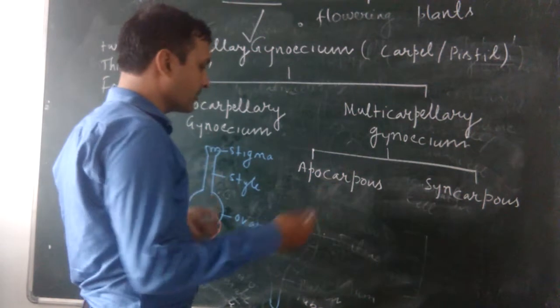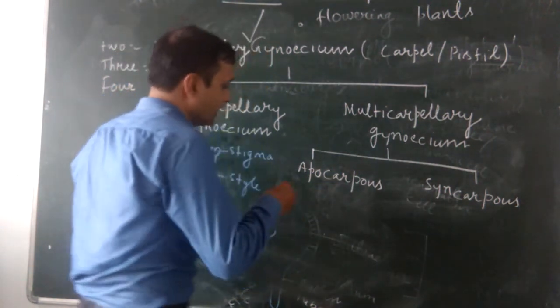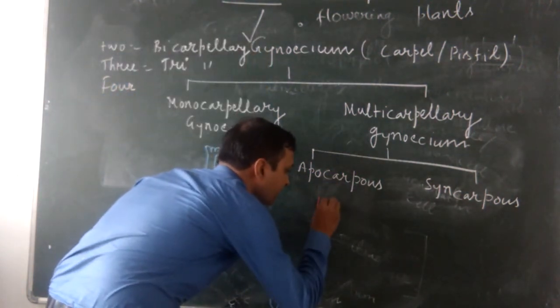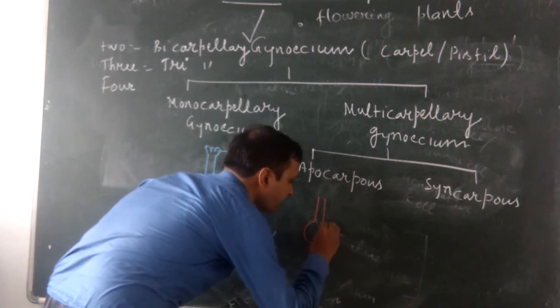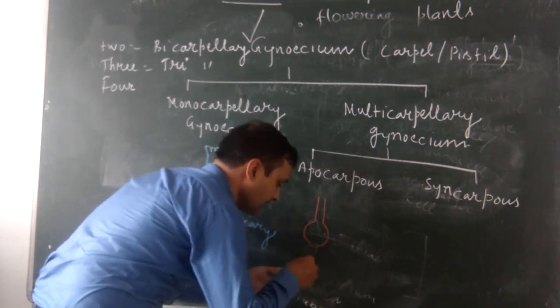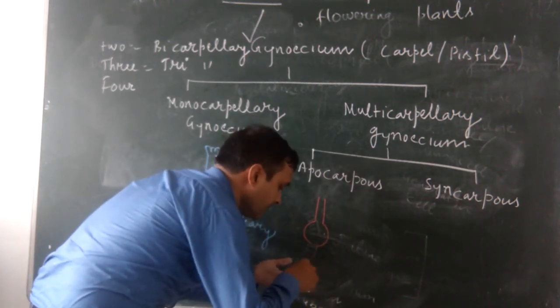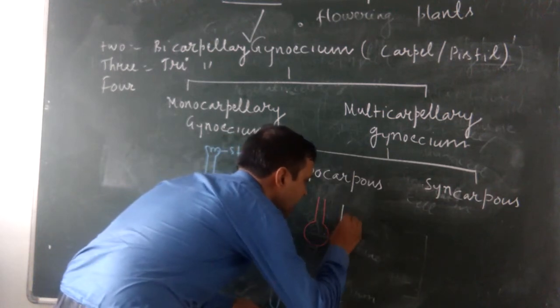Now see what is apocarpous. Suppose the number of carpels is 3. This is a single gynoecium that contains 3 carpels.